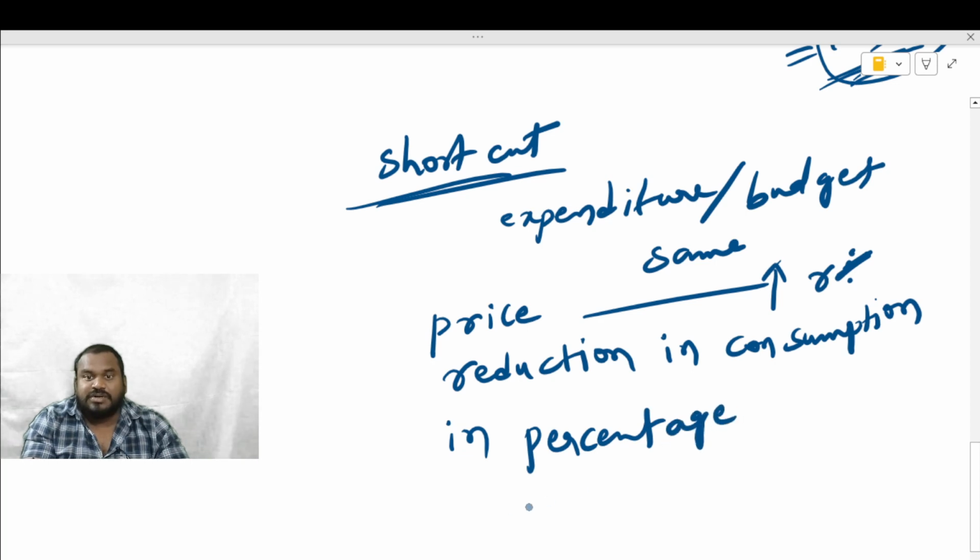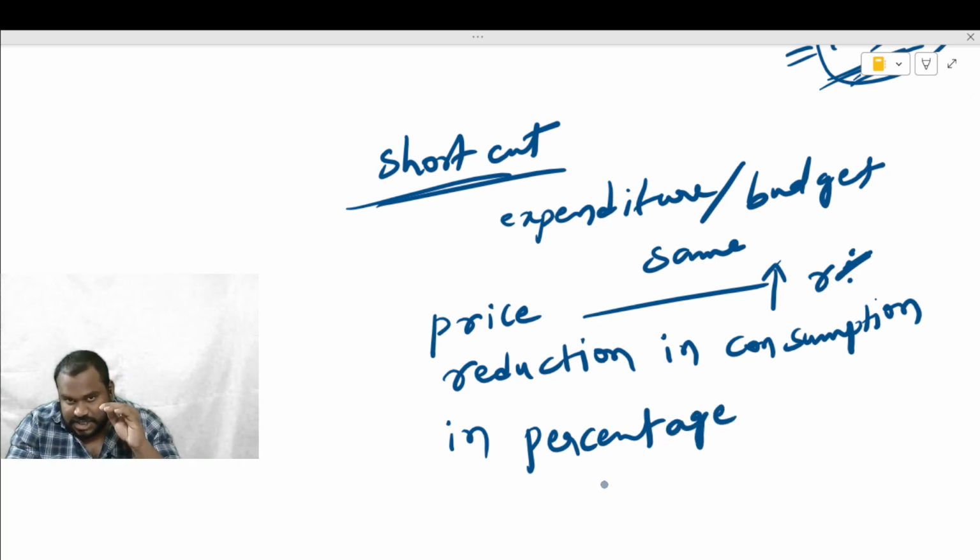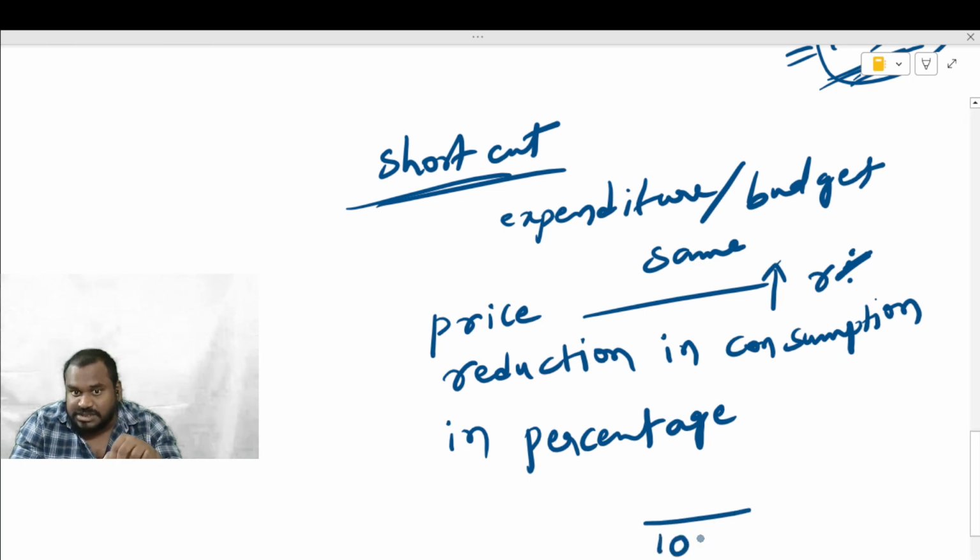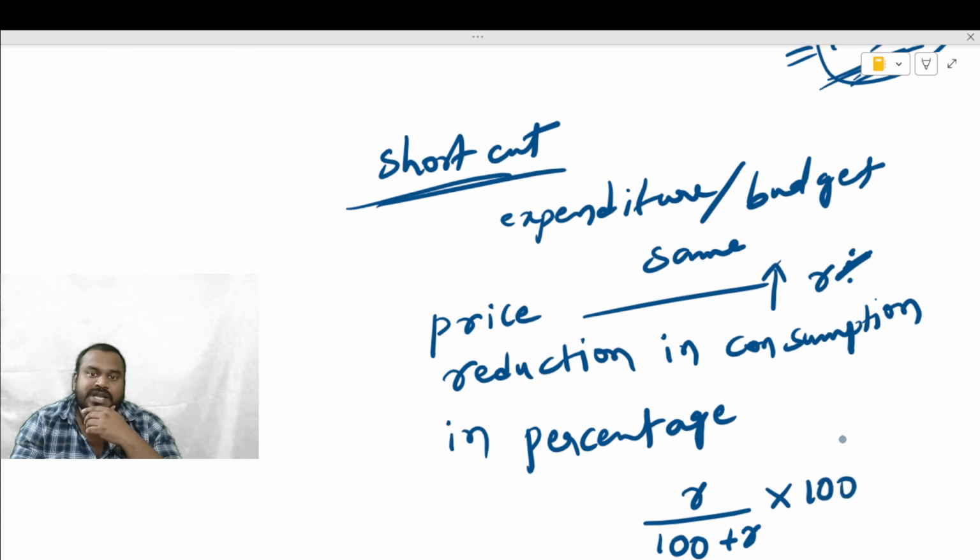What is the formula you use? See, price increased, so consumption should decrease. When something decreases, the denominator is more. When the denominator is more, I will just add it to 100. For remembering, I'm telling 100 plus R, and in the numerator put R. To get a percentage value, multiply with 100.